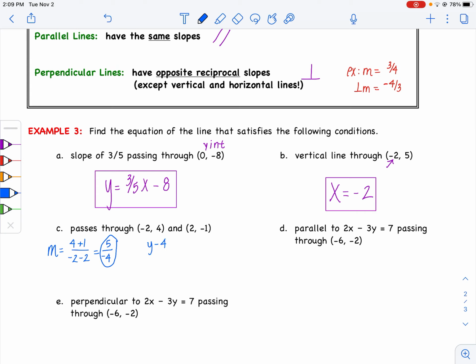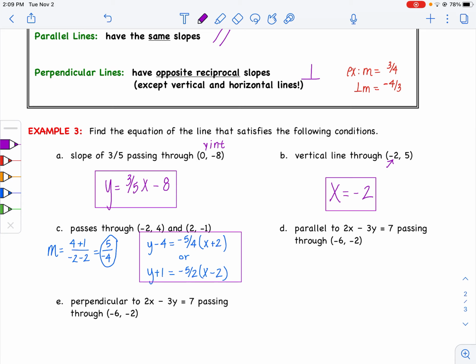If I plug into the first point, or the second point. And you can leave your answer just like that. It might ask you to simplify into slope-intercept. In that case, we're going to distribute and get y by itself. But for now, I'll just leave it like this. And we'll try our next one.